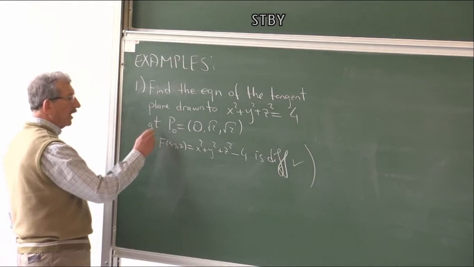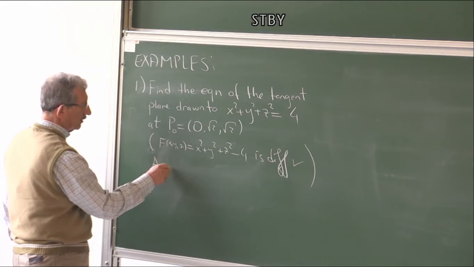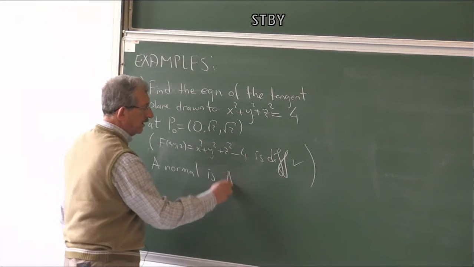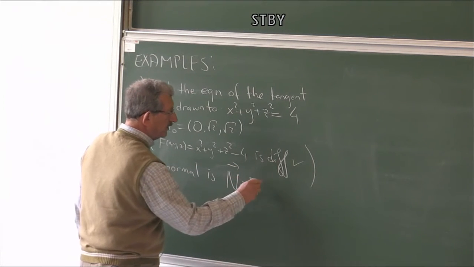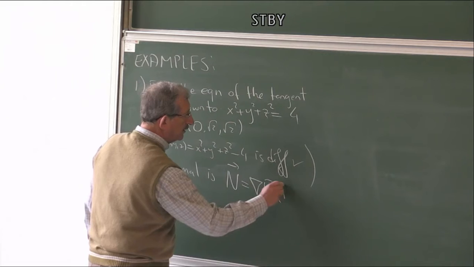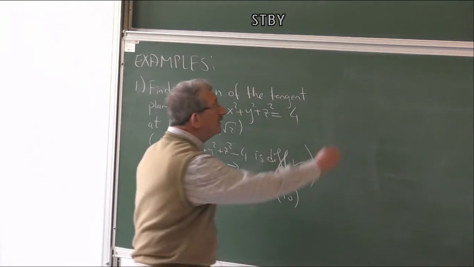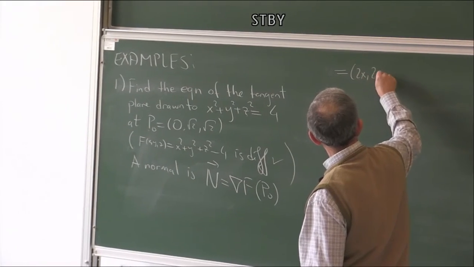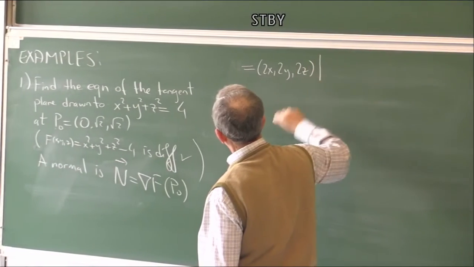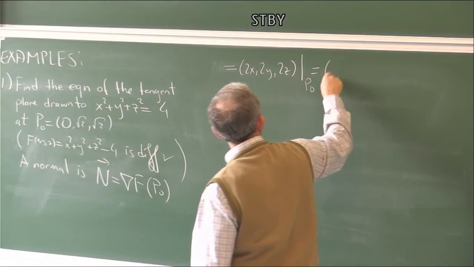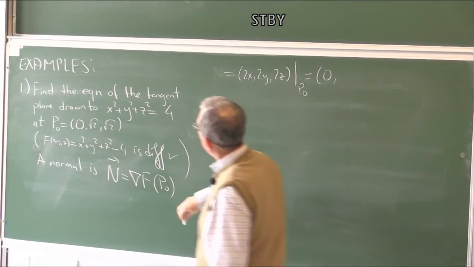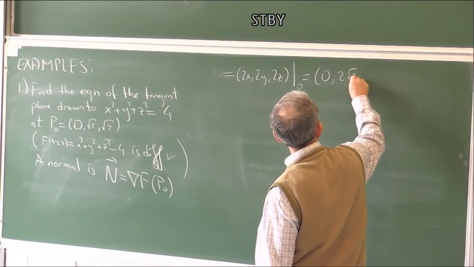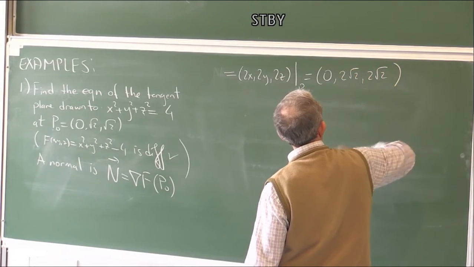Now, a normal is n, that's gradient of f at p0. This is nothing but 2x, 2y, and 2z at p0, which happens to be 0, and y is root 2, so 2 root 2, and 2 root 2 again.